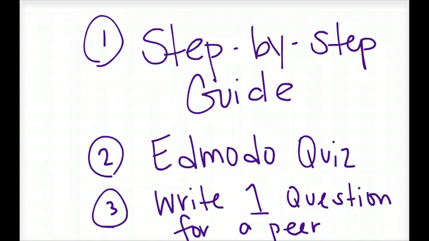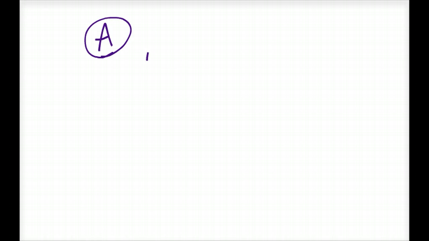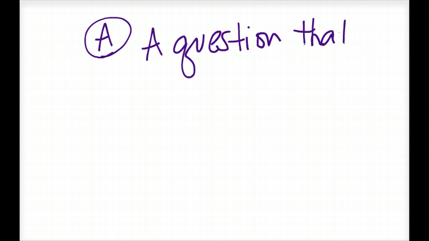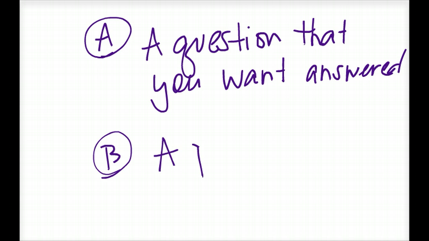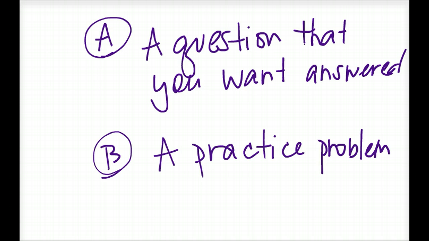Alright, I'd like for you to complete your step-by-step guide, log into Edmodo and take your quiz, and then I've got one additional assignment for you today. I'd like for you to write one question for a peer. That one question could be a question that you want answered, or it could be a practice problem for your peer.